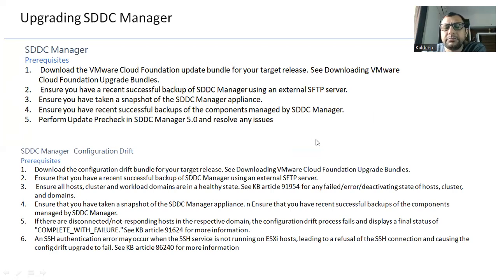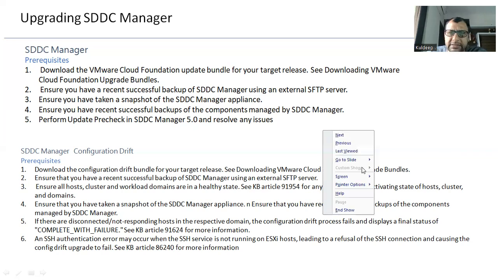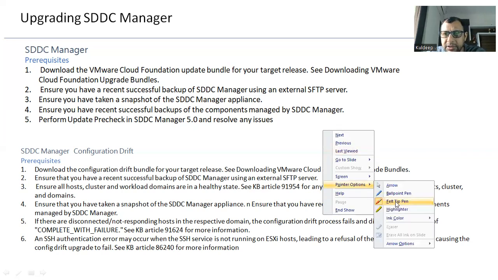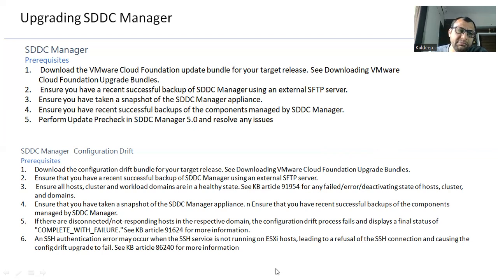Then there should not be any live operations running in your SDDC Manager, for example if you are creating a workload domain. No live workflow at all should be there. And you will perform the upgrade pre-check, where it checks that all of your NSX, ESXi OS and vCenter are working fine and properly communicating with the SDDC Manager.